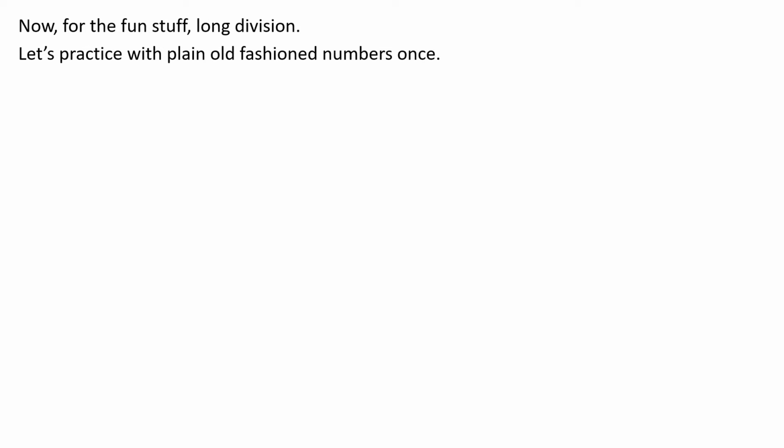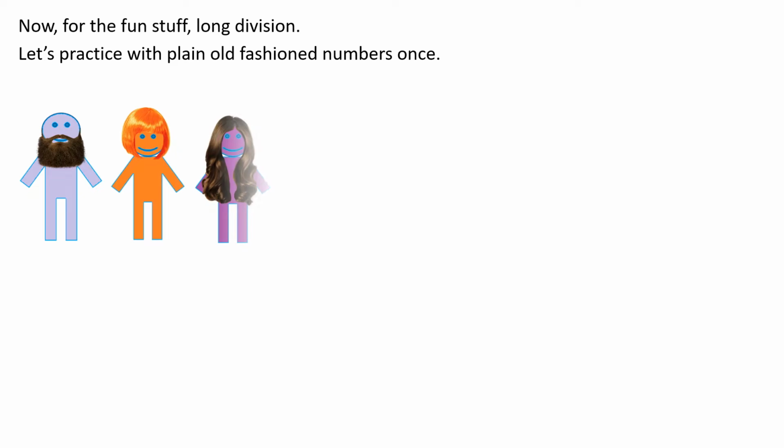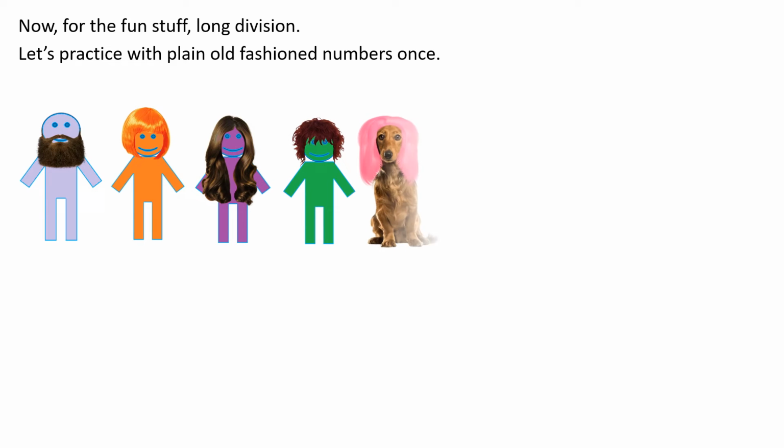For long division, let's refresh our memory first with plain old numbers. So not only do we have Pete here, we've got the whole family coming into play, right? We got to have dad and mom and sister and brother and Rover. Of course, dad just reminds me that the first step is I have to divide.